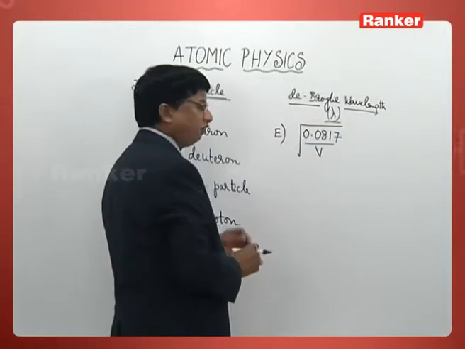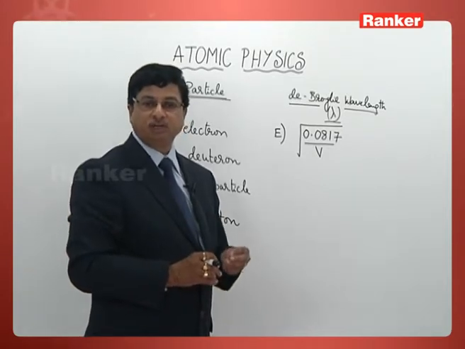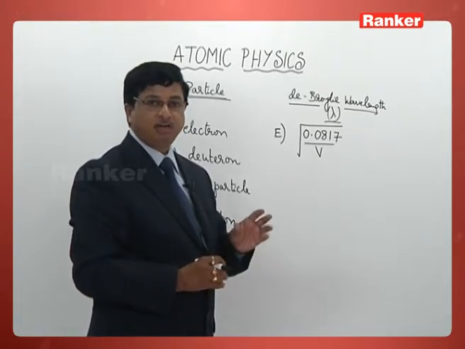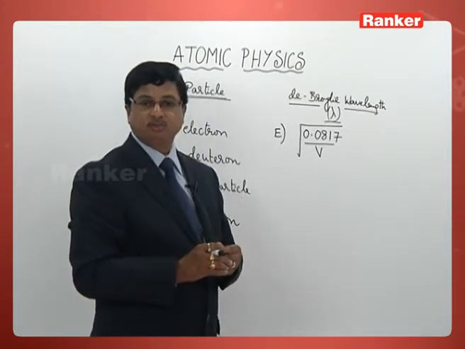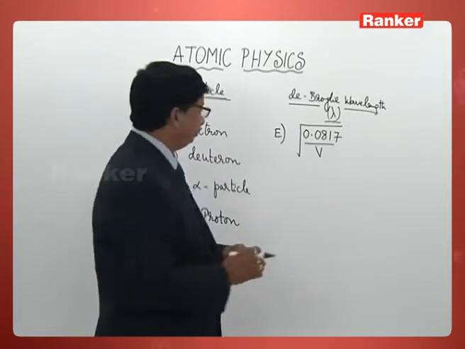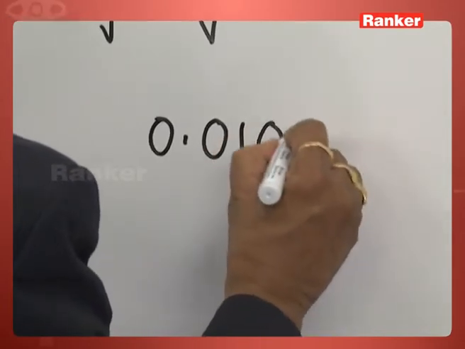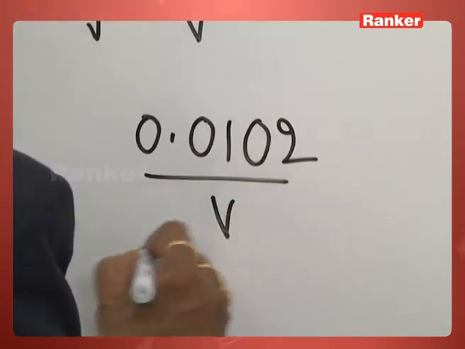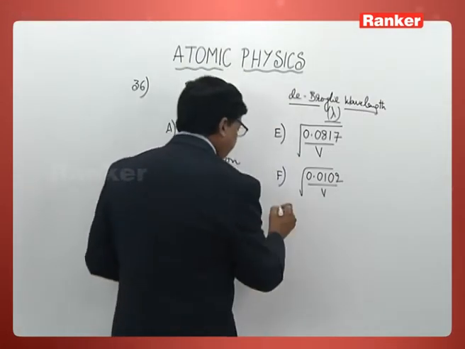This is the first value provided to us: 0.0817 divided by V, whole under root. The second value is 0.0102 divided by V, whole under root. He has given this as F.